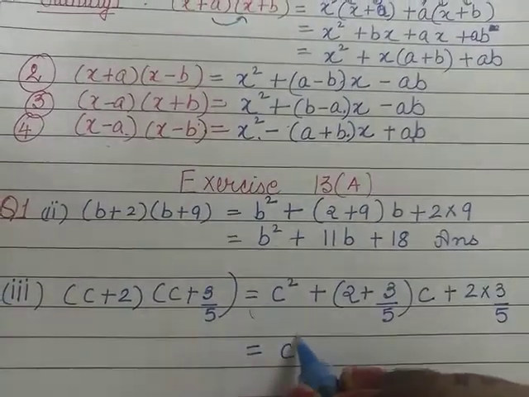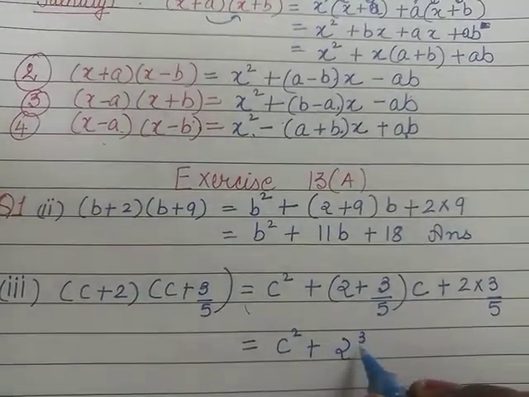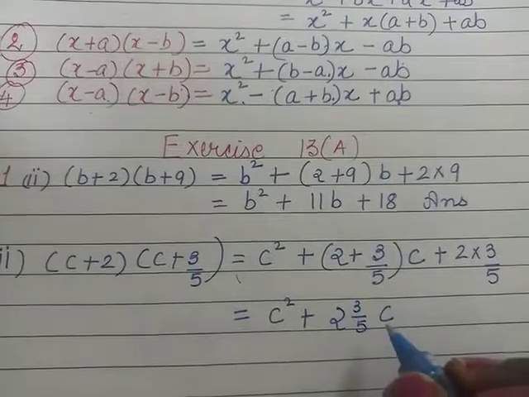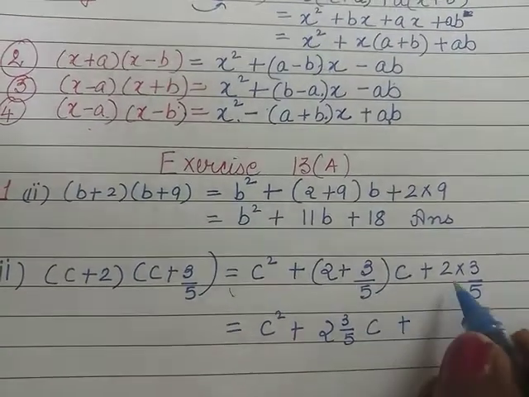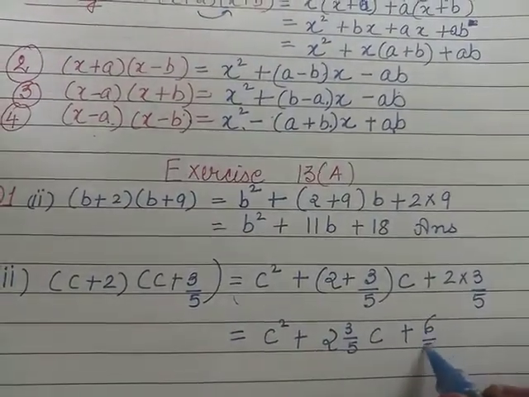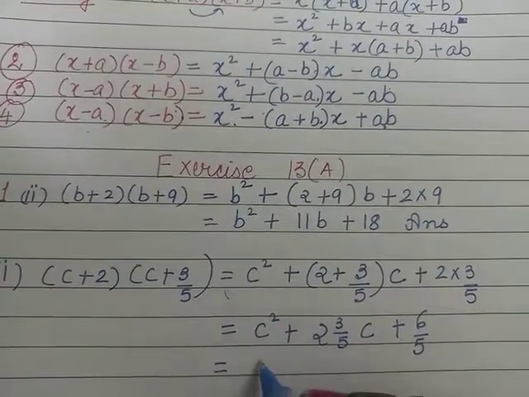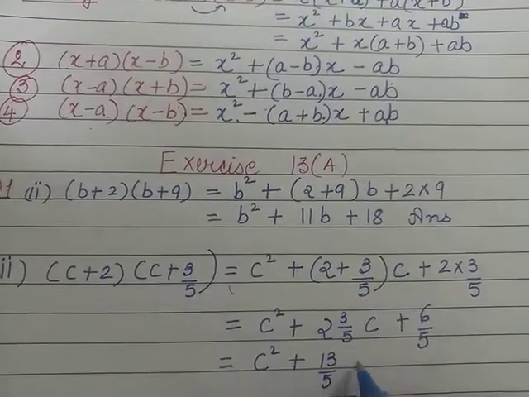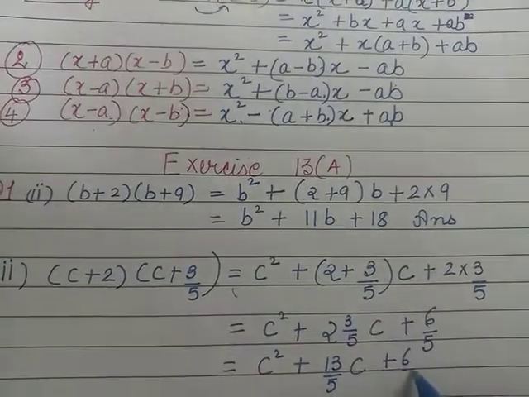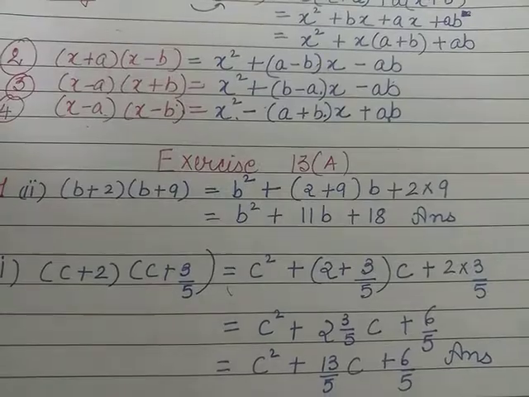Those who don't know the addition verbally will take the LCM and find the addition. They have to add one more step. 3 2s are 6 by 5. This way we write c square plus 13 by 5c plus 6 by 5.